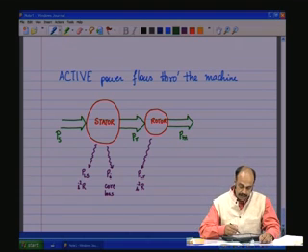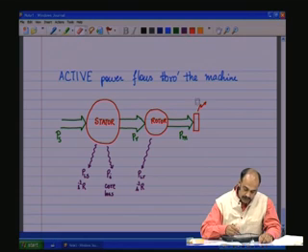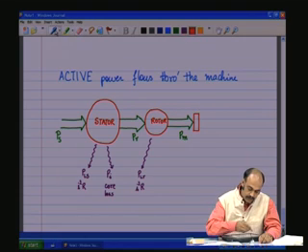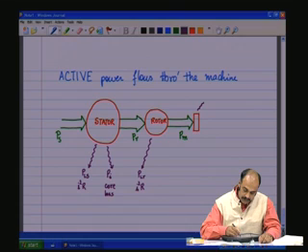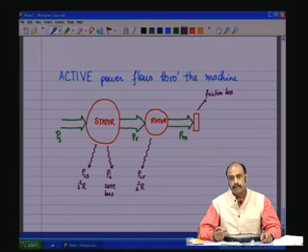Now this mechanical power PM could get some portion lost as friction losses, because there could be friction in the bearings, given by B omega square.